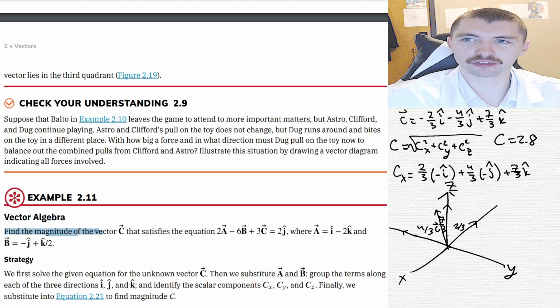I want to find the direction of this, but I don't know if it's asking for that. We got the components of C. We have C.